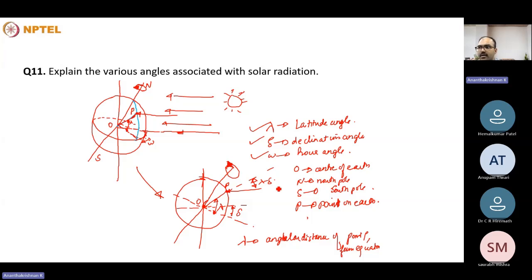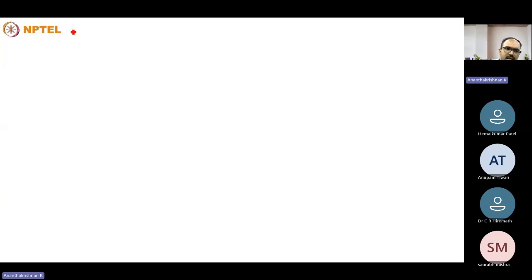Depending upon the sun's position, this declination angle will keep on varying based on the different times of year. So the declination angle, delta, is not a real angle as such.